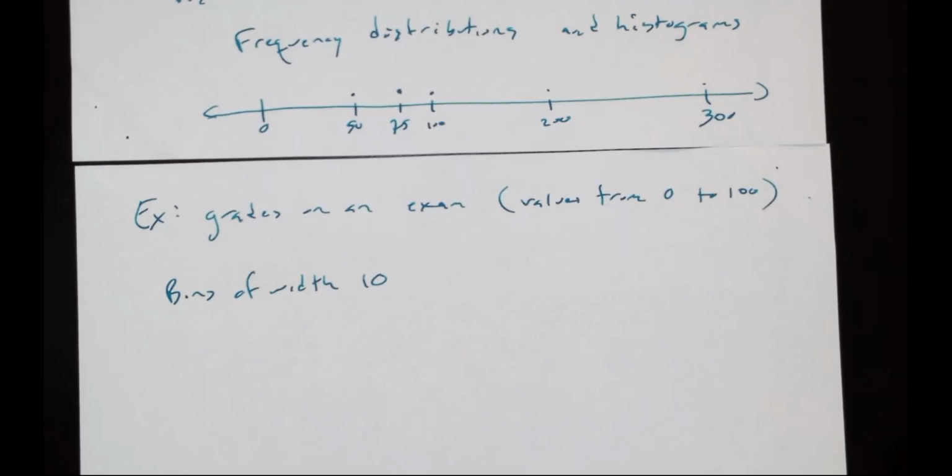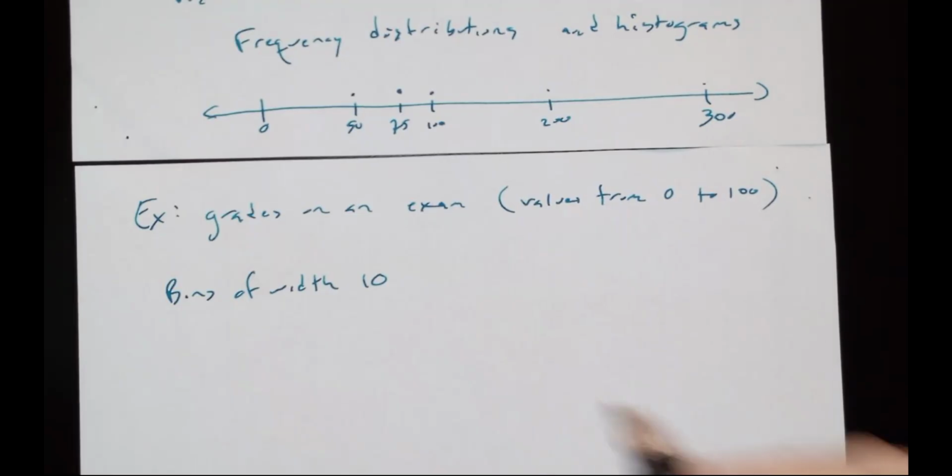That's not of width 10, that's of width 11. There are 11 scores available in that bin. Uh-oh. Now, if I want a bin to have width 10, I have to make a decision. Do I go from 91 to 100? Or do I go from 90 to 99 and make 100 the next bin?